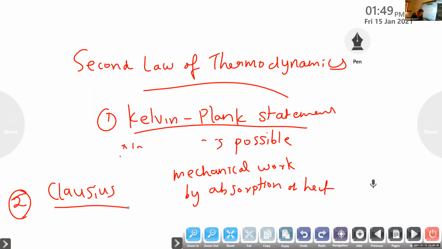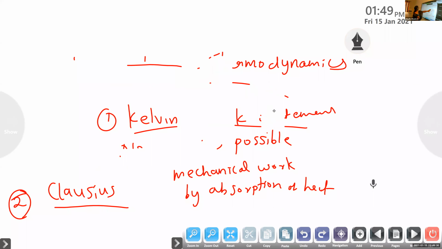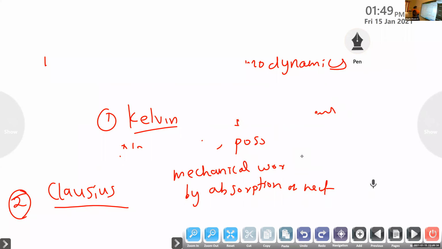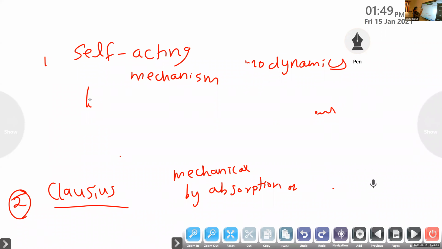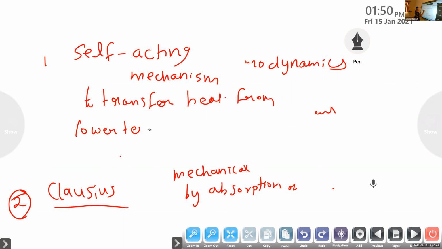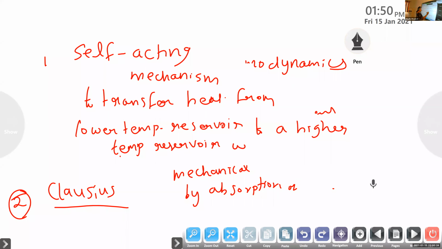Clausius statement: it is impossible for a self-acting mechanism, that means a machine which works by itself, to transfer heat from a lower temperature reservoir, meaning wherever the heat energy supply is, to a higher temperature reservoir without external work.